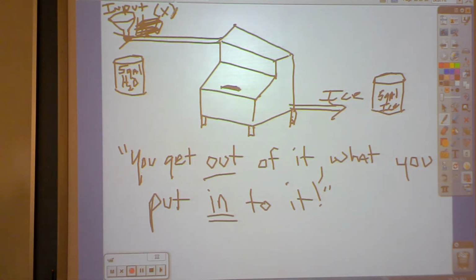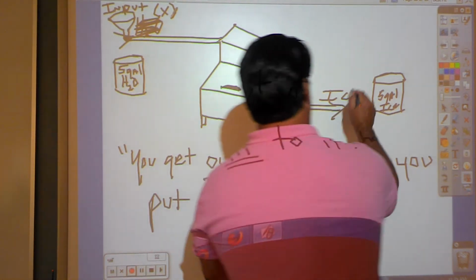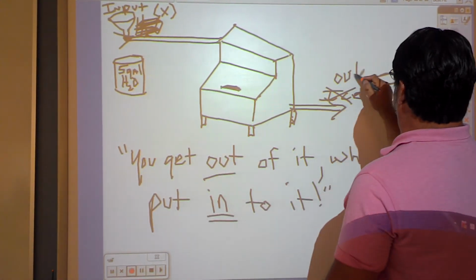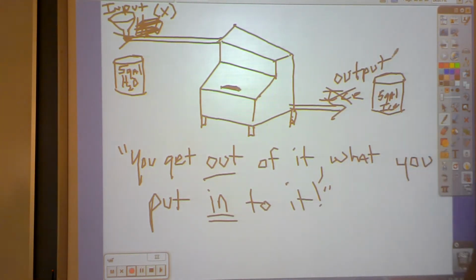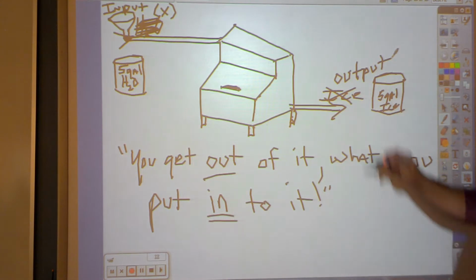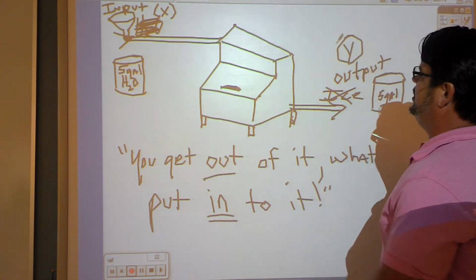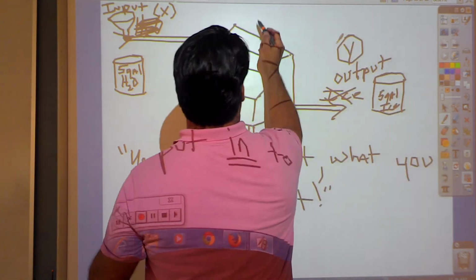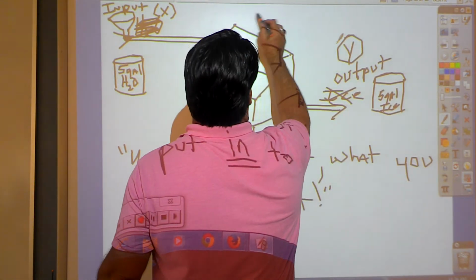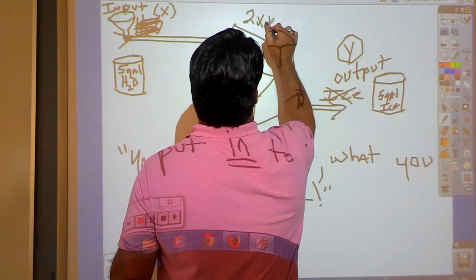X. Our output, we'll take the ice out and we'll put output. What is output in functions? Y. Then what is this? This is the actual function. This is your 2x plus 3.